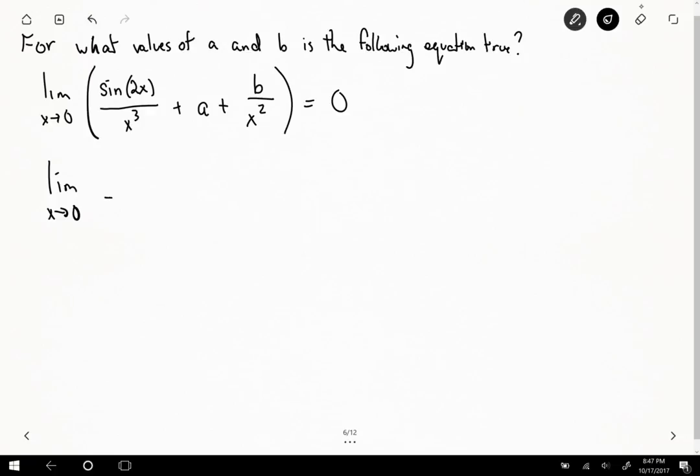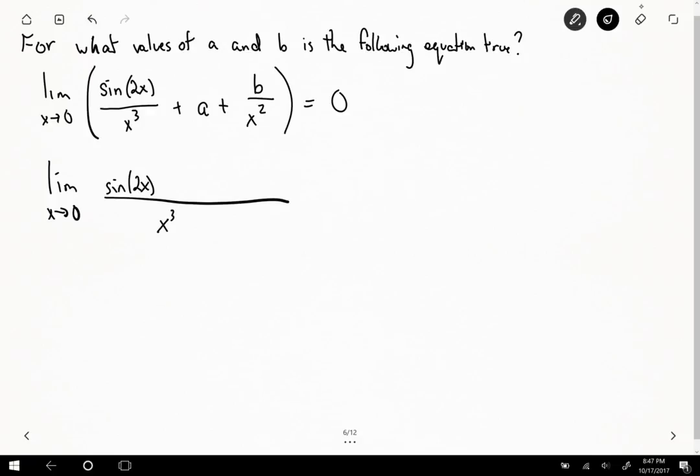So we have an approach that might make our lives a little easier. We can get a common denominator for all the terms. It's not necessary to do it this way, but this is one of the routes. We already have the common denominator in the first term, so you get sine of 2x.